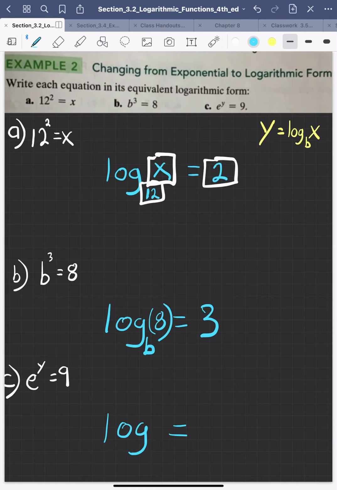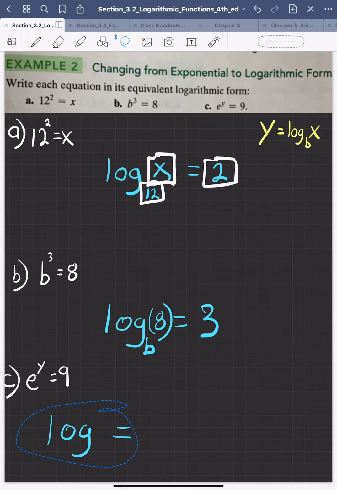Okay, now I'm going to do this exactly the way I did the previous one, then I'll make a statement about it. So in this case, we have base e. So base e goes here. The exponent is y, so y goes here, and you know that 9 is what's left, so it's going to go there. So log base e of 9 is equal to y.